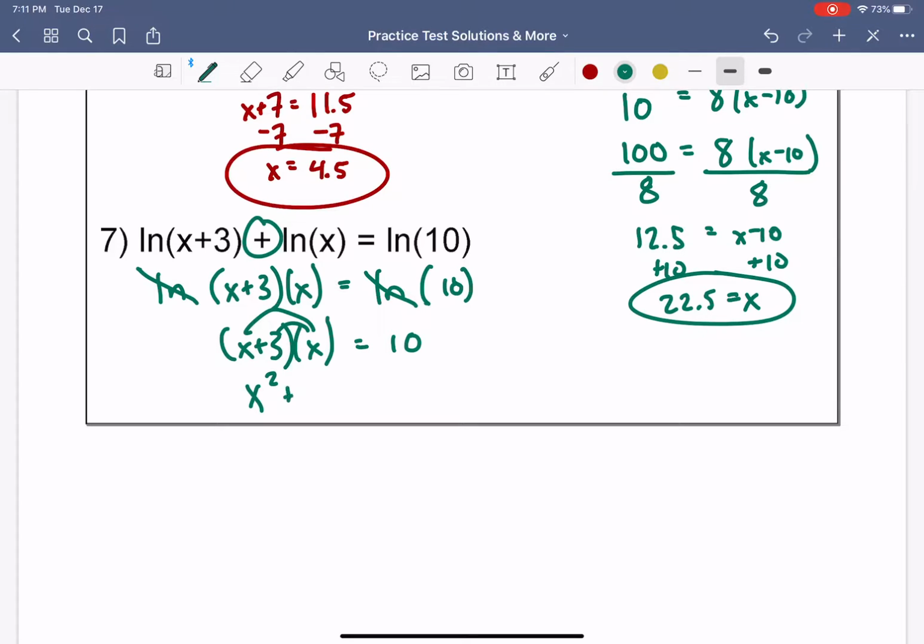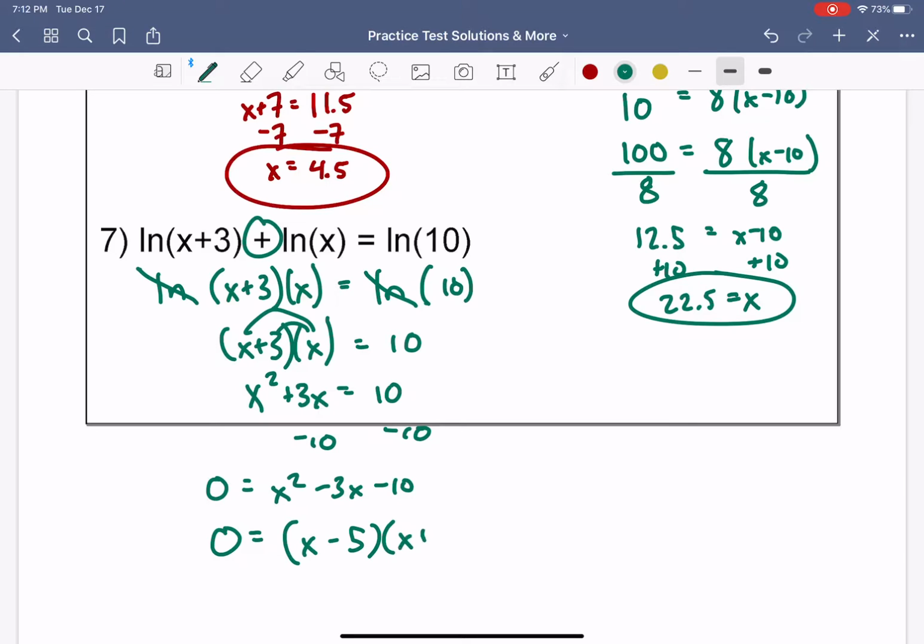So we get x squared plus 3x equals 10. We want to get this equal to 0, so we can use our quadratic solving. So we have 0 equals x squared minus 3x minus 10. So we're looking for two numbers that multiply up to negative 10 but add up to negative 3. So 0 equals x minus 5 and x plus 2. So that means x equals positive 5 and x equals negative 2.